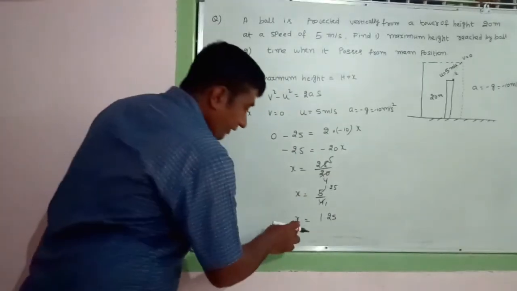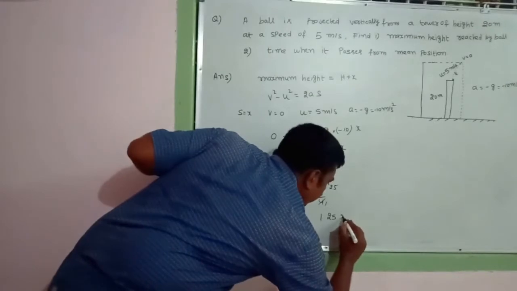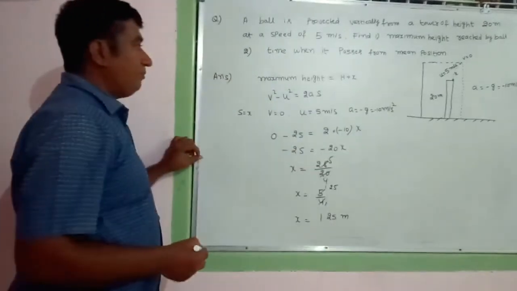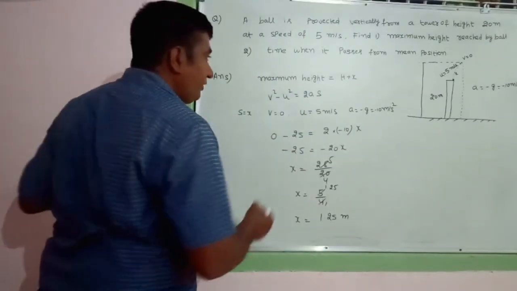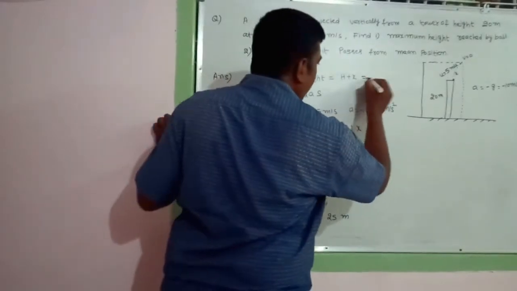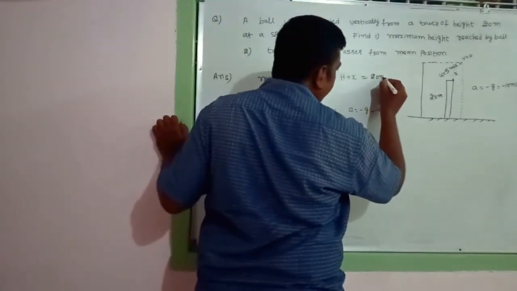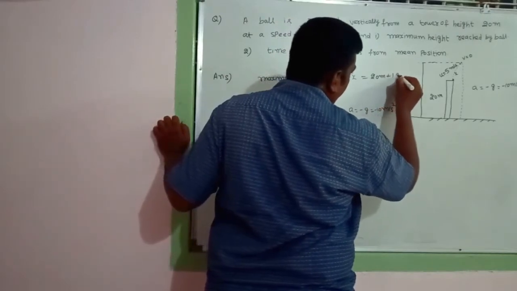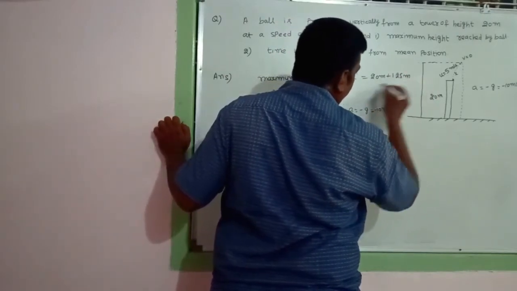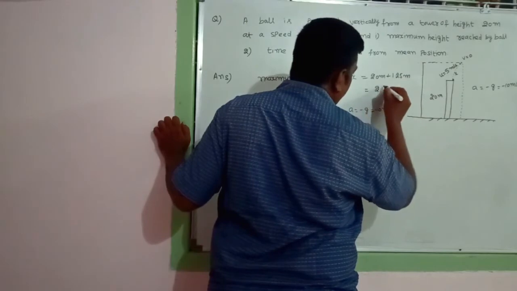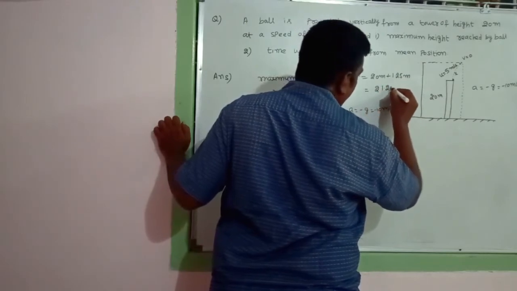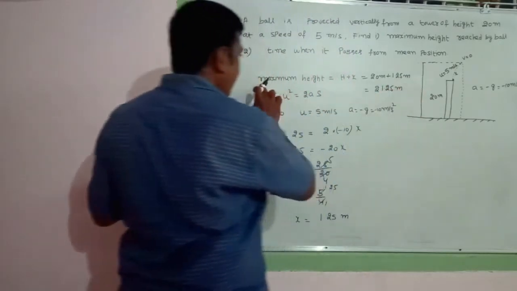Here we get x equals 1.25 meters. But what is the maximum height? The maximum height is nothing but h plus x. The h value is 20 meters plus 1.25 meters, which is 21.25 meters, the maximum height.